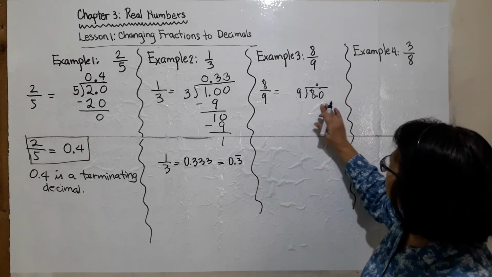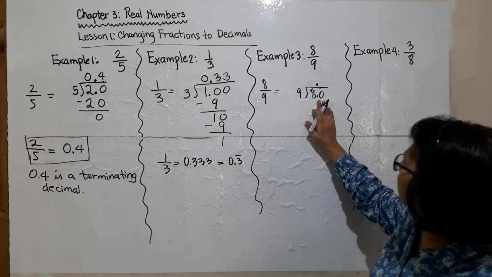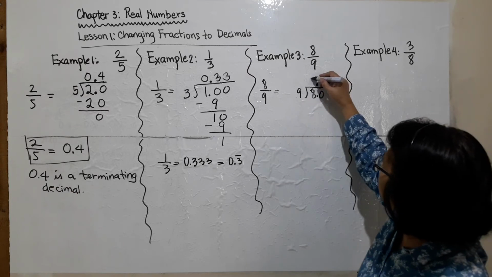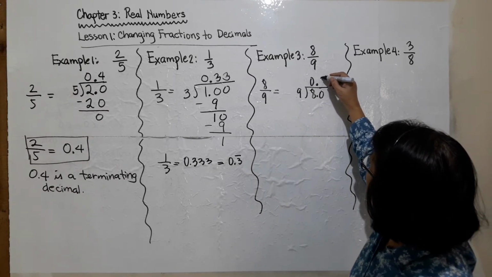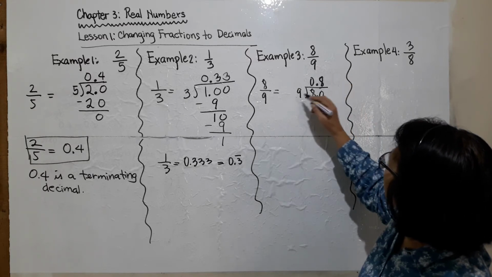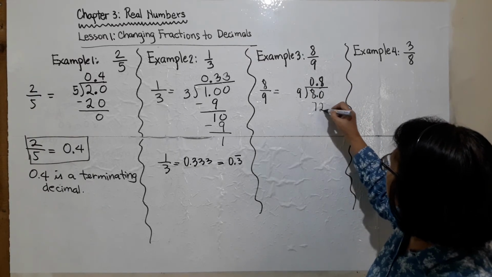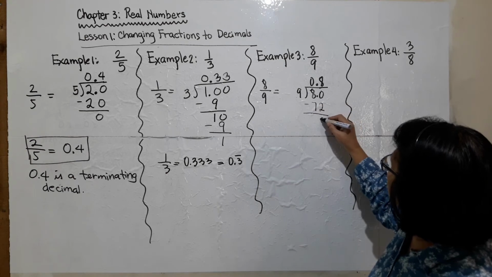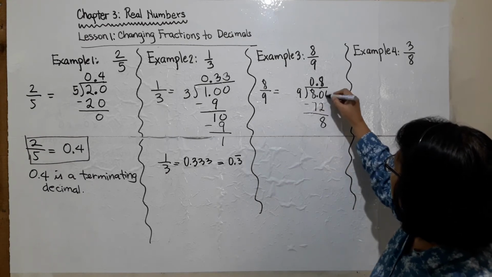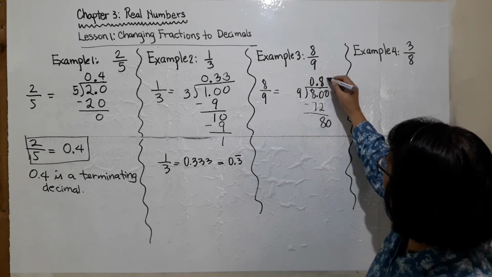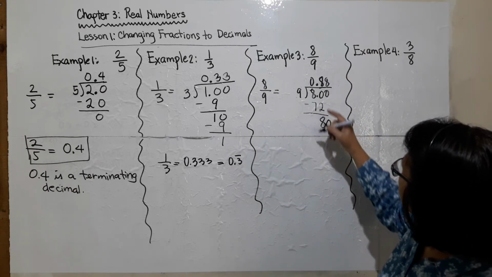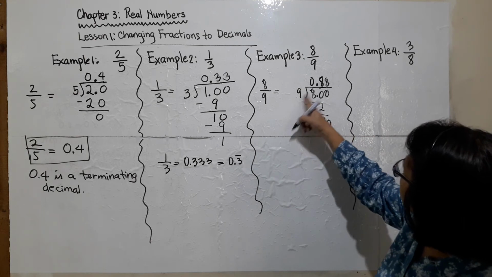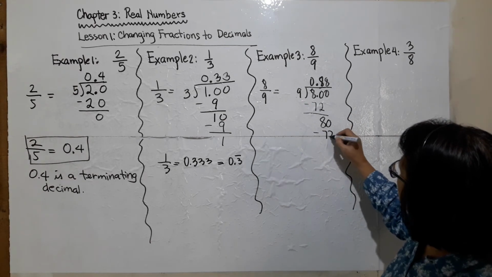Then divide 80, pretend that there is no point here, by 9 will give you 8, so that 8 times 9 is 72, minus, 8 again. Put 0, bring down, you have 80 again. So you divide 80 by 9, you have 8 again, so minus 72.